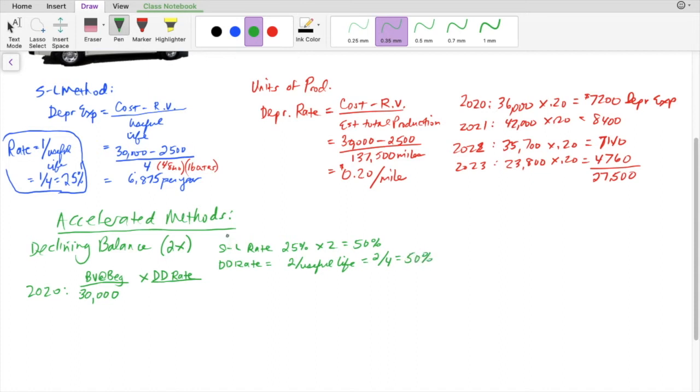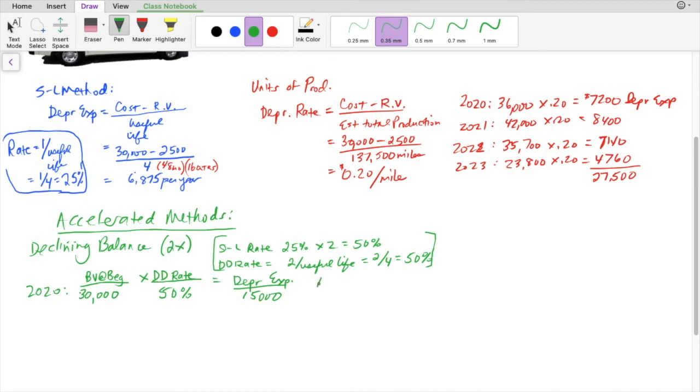So there's a couple different ways you can calculate that double declining rate. So we're going to take that 30,000 times 50%, and that's going to get us the depreciation expense for the year, $15,000.